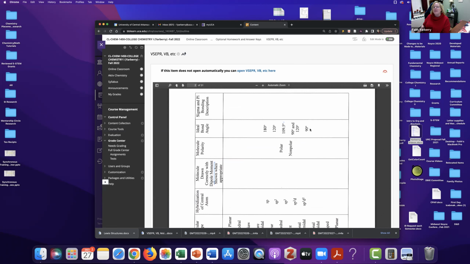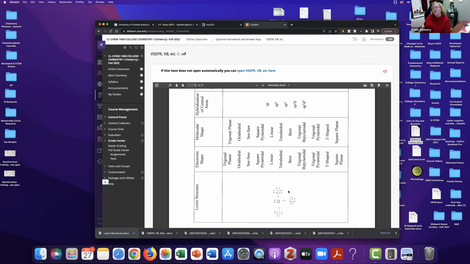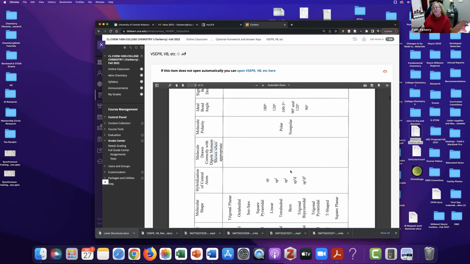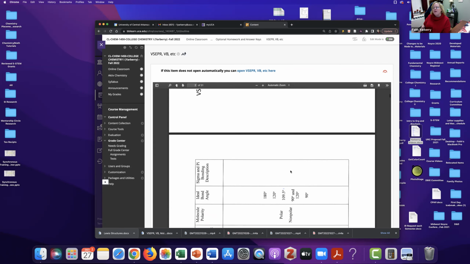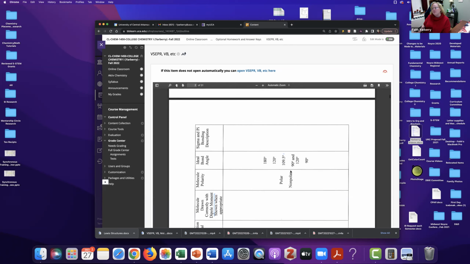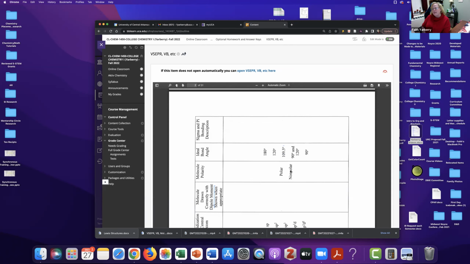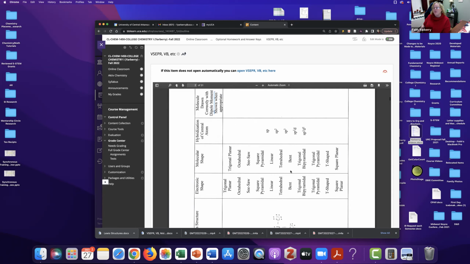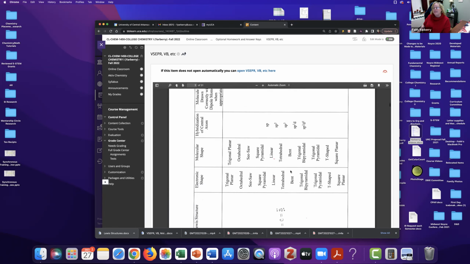You'll be asked to tell me the ideal bond angle and to tell me the sigma pi bonding description. Each one of these squares is usually 2 points. So that would be 2, 4, 6, 8, 10, 12, somewhere between 14 and 16 points per question set. And you will have 2 or 3 of these on the next test.